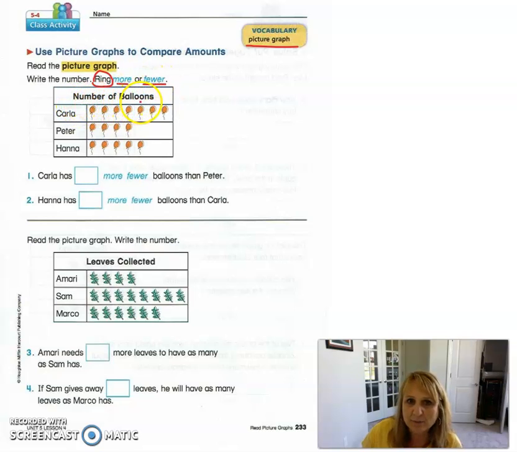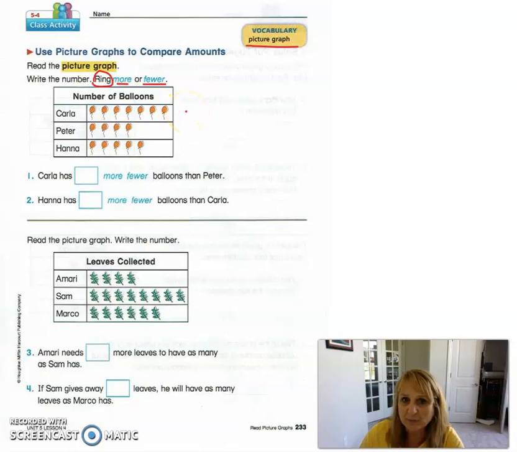It talks about balloons, the number of balloons, and it tells us 3 children who have balloons: Carla, Peter, and Hannah. And what I like to do first when I see a picture graph is I like to simply count how many the person has and write it out here to the side.